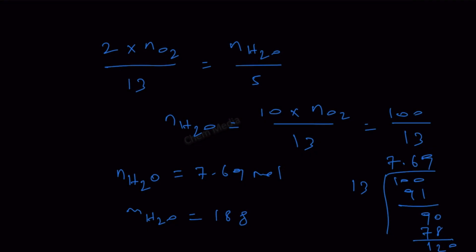So therefore, mass of H2O is equal to, molar mass of H2O is 18 gram per mole. So 18 gram per mole times number of moles of H2O, that is 7.69. Therefore, mass of H2O is 769 times 18. 9 times 8 is 72. So 2 remaining 7. 8 times 6, that would be 48. 48 plus 7, so 55. 5 remaining 5.